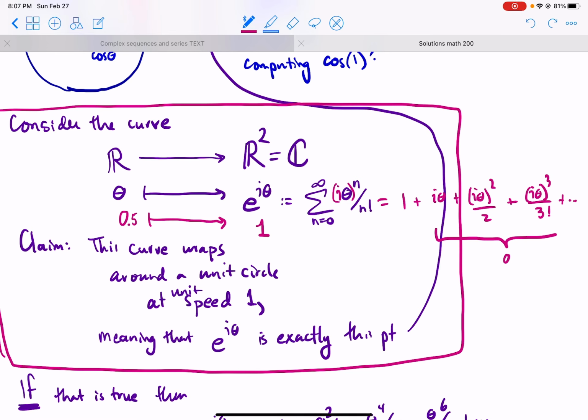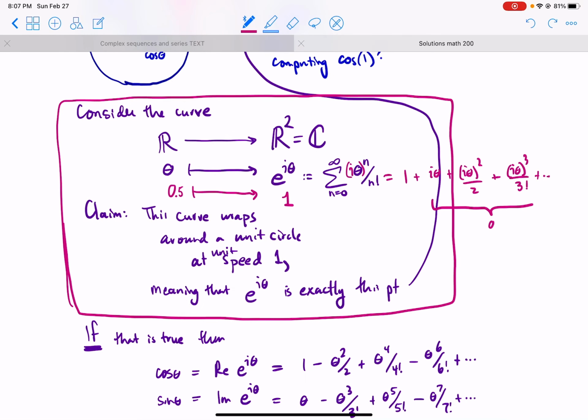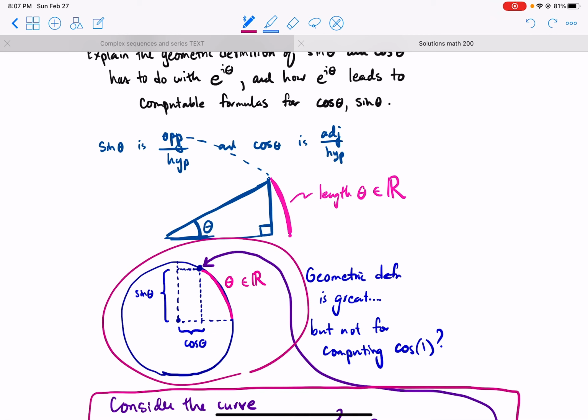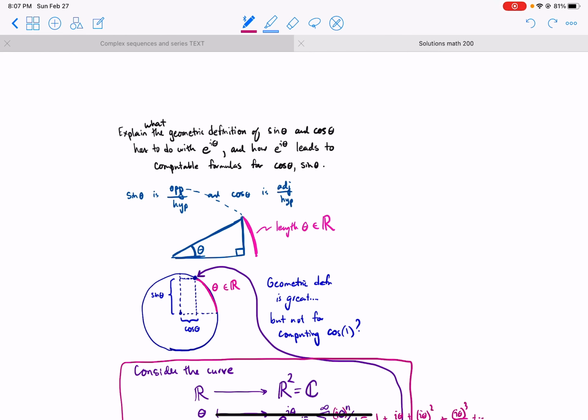Okay, so this curve, if we can prove that it wraps around a unit circle at unit speed, then we have connected to the geometry. And that is how the complex numbers are useful. They have everything to do with circular motion.